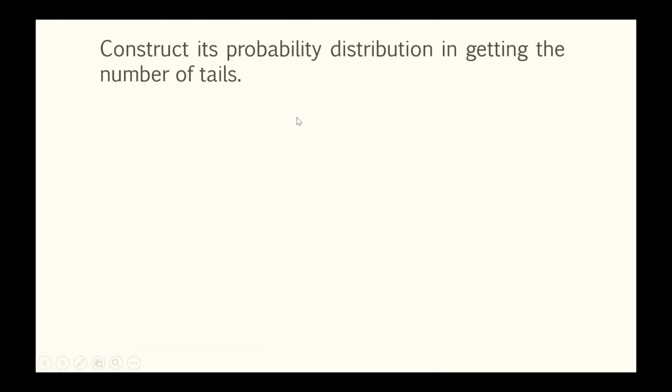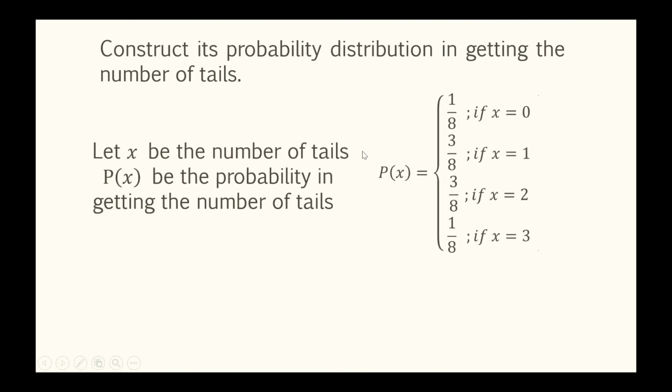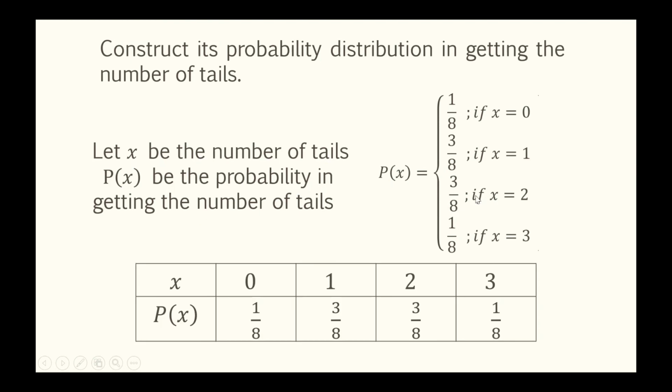In constructing the probability distribution in getting the number of tails, you're going to consider the probability distribution function. Let x be the number of tails and P of x be the probability in getting the number of tails. All you have to do is transfer the possible values of the random variable and the probability to the table.